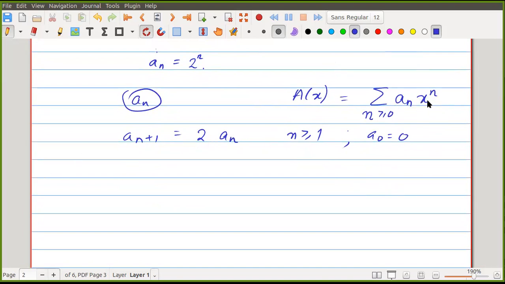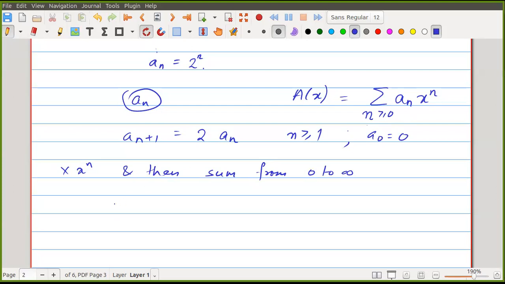What is missing is x raised to n. So always, given the formula for the sequence, multiply by x raised to n and then sum from 0 to infinity, right?